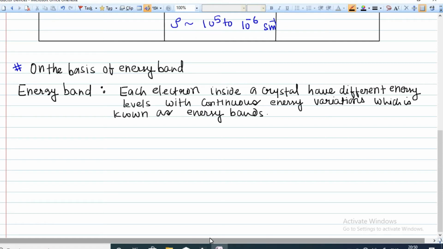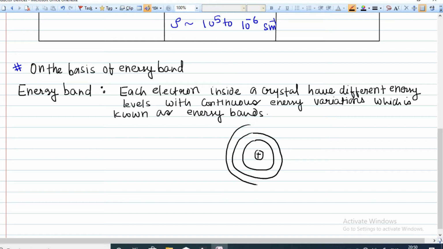When we discuss the atomic structure of an element, we find that electrons, protons and neutrons are there. Protons and neutrons reside inside the nucleus, and the electrons revolve around the positively charged nucleus in a fixed orbit, and each orbit has a fixed energy. Suppose this is the positively charged nucleus, and around it are the circular orbits in which electrons revolve.